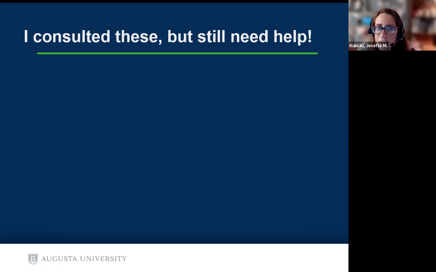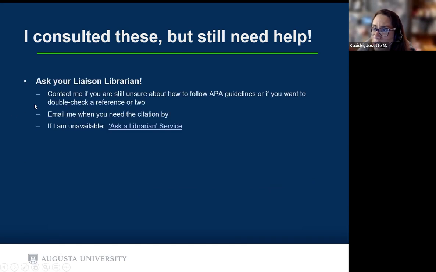So what if you are at a point where you had consulted the APA style manual and the APA style website and the APA citation guide, but you still need some help? That's fine. We are here for you. And there are other places in the university that are also here for you as well. First of all, ask your liaison librarian.